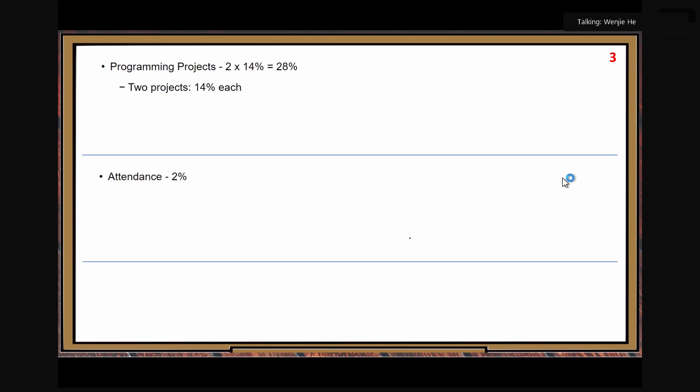So for you, I give three different types of attendance. The first one is classroom attendance. I check at the beginning of each class, the usual attendance. That's type one.